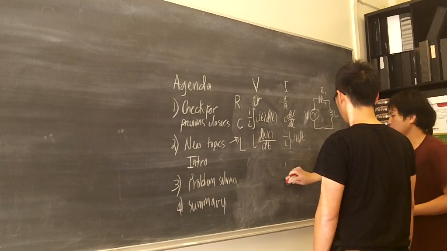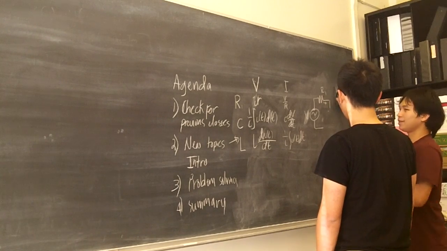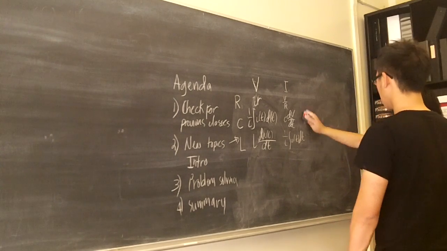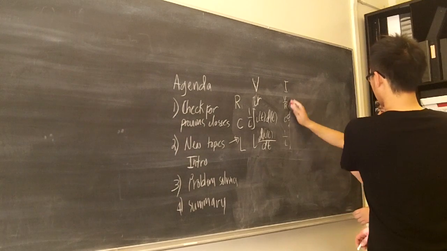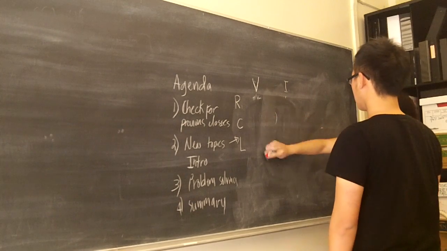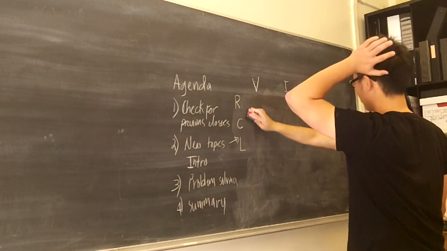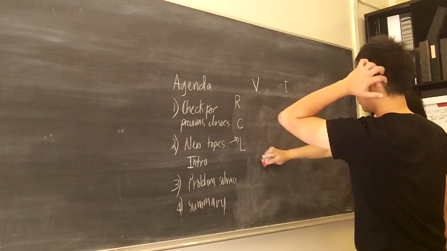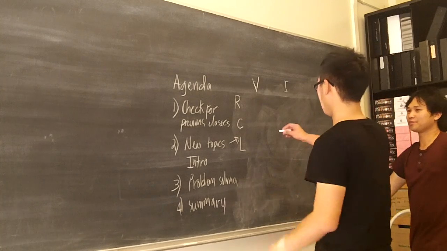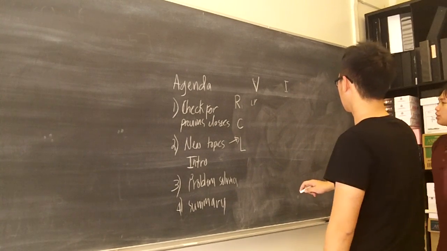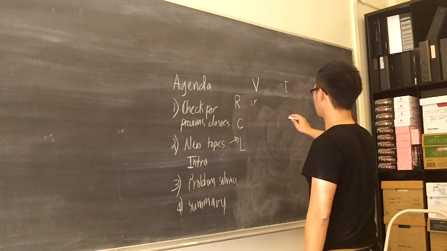Okay. Let's do a review. I hope that you remember that. I copied that. You wrote it down. Okay, but try to fill it out on your own as a review, the conclusion. Let's try. What's your voltage for R? Perfect. And then what's your current for R?